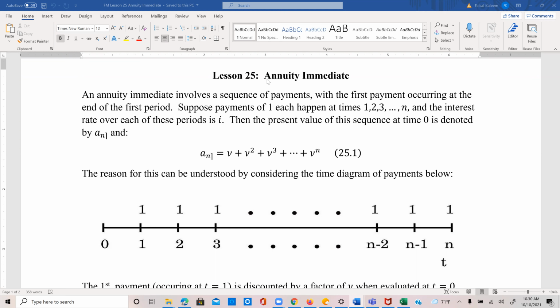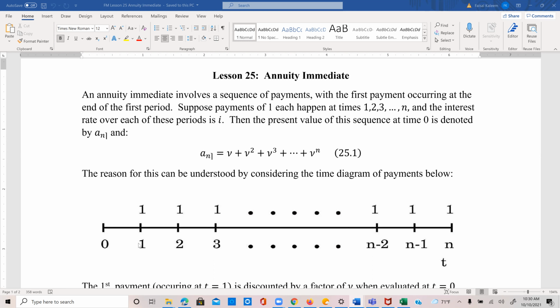And we will first study Annuity Immediate, in which the sequence of payments starts at the end of the first period. So if the periods are 0, 1, 2, 3, and so on, usually it's number of years, but it could be anything.